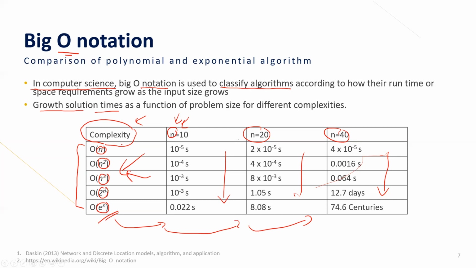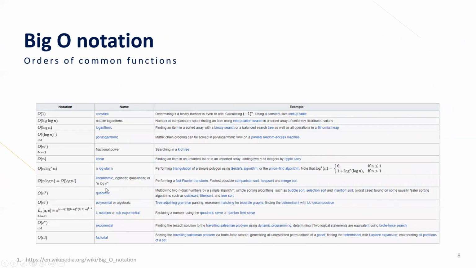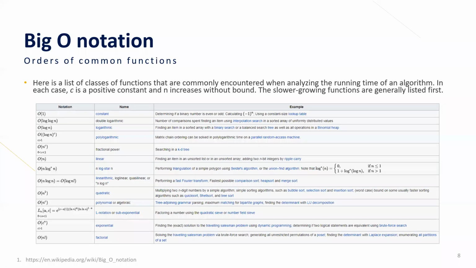And then in more detail, here is the table. There are several categories. Previously, we said we categorize the algorithms based on their complexity notations. This is the general categorization. For example, constant, O(1).